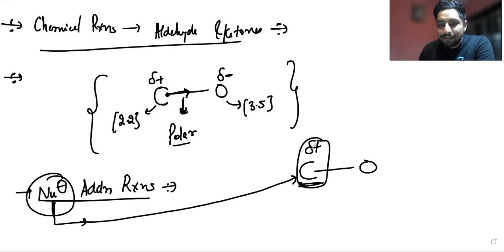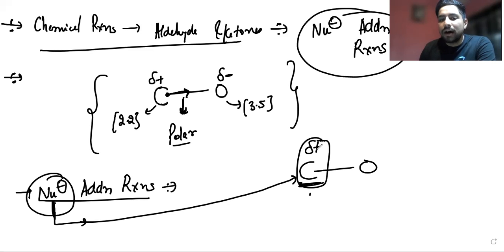Because this carbon has a partial positive charge and the nucleophile has excess electrons, it will attack at this carbon atom. That is why aldehydes and ketones undergo nucleophilic addition reactions: because of the partial positive charge on the carbon, developed due to the electronegativity difference, making the bond polar.